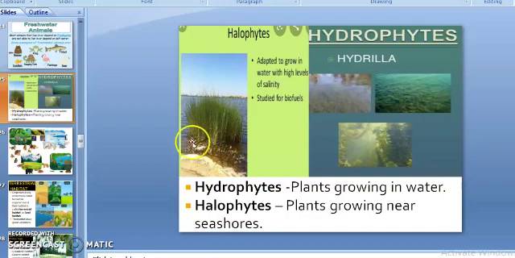Halophytes. These plants have adapted to grow in water with high levels of salinity. So they will be termed as halophytes. Now you know hydrophytes means the plants growing in water, and halophytes, the plants growing near seashores. They have adapted to grow in water with high levels of salinity.